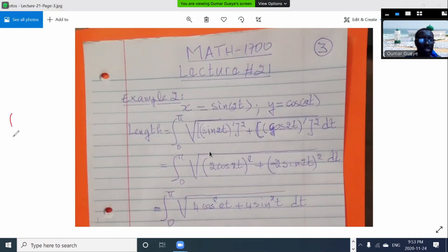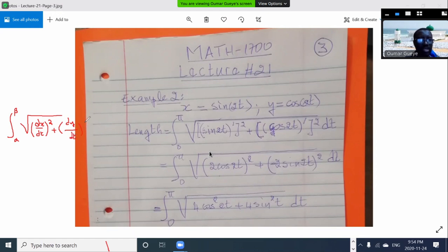The formula says it's going to be the integral for the arc length from alpha to beta of the square root of the derivative of x with respect to the parameter t, and we square it, plus the derivative of y with respect to t, and we square it.